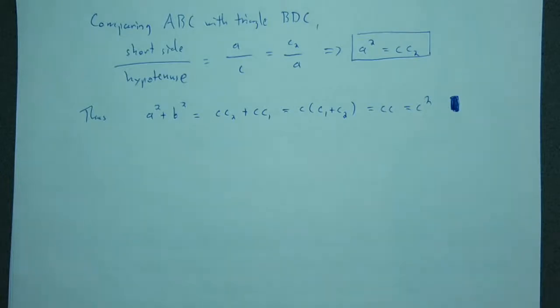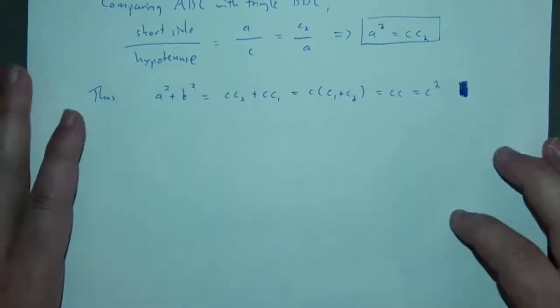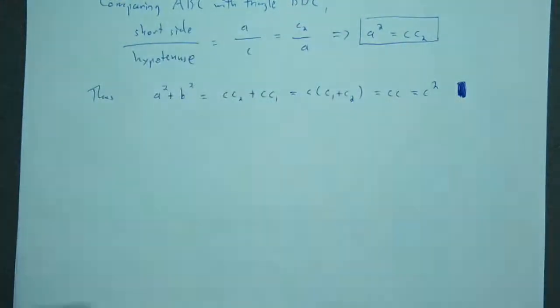And so, it's nice to see a proof where similar triangles play an important role. So splitting up triangles like this is a nice tool to have, especially for right triangles. So this is nice for that reason, but it's not necessarily any better than the proof that we did first, which was Euclid's original proof.